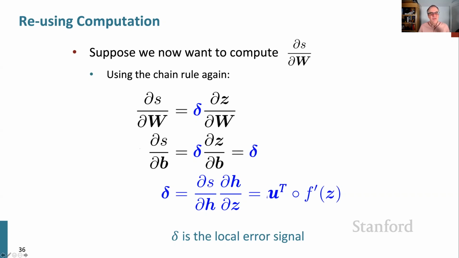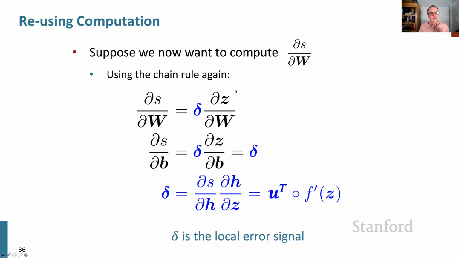So the final form of the partial of S with respect to B will be delta times the remaining part. We'd seen that the partial of Z with respect to B is just the identity, so the end result was delta.